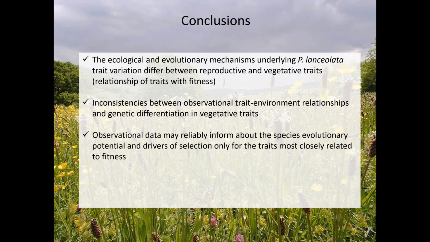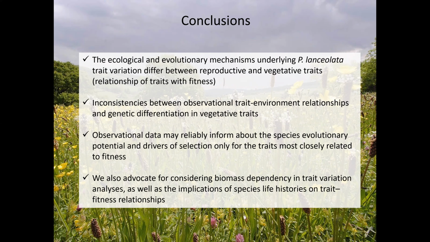Third, observational data may reliably inform about the species' evolutionary potential and the drivers of selection only for the traits most closely related to fitness. And fourth, we also advocate for considering biomass dependency in trait variation analysis, as well as the implications of species life histories on trait fitness relationships.